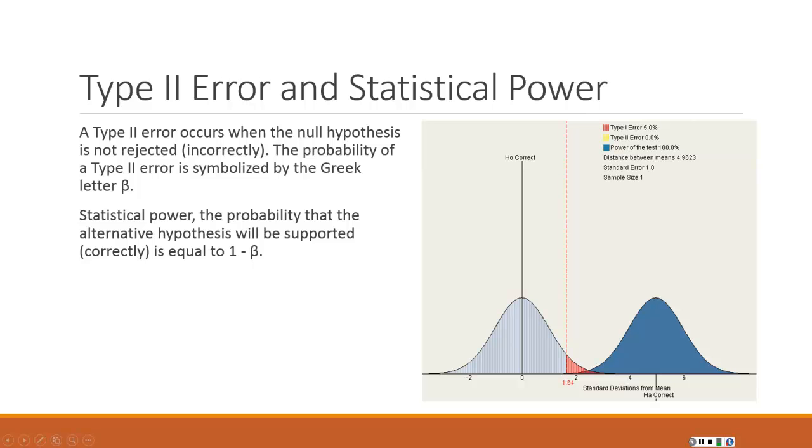Okay, so type 2 error. Now we still have the H0 was correct distribution, and we still have the probability that we're right, and then we have the type 1 error, or alpha. Now we have something else here. Isn't much of a change from what we had before.